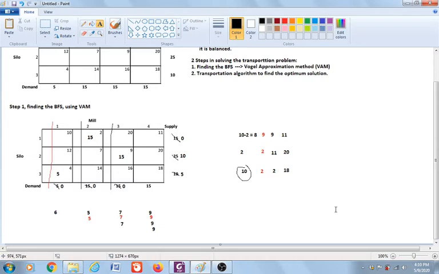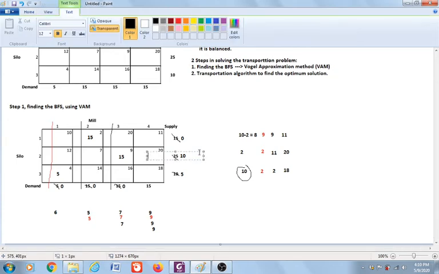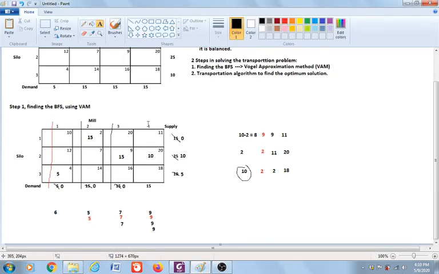So the largest penalty is 20, so I need to allocate. So I have 10 over here and I have 15 over here. So only 10 that I can allocate. So this is the only cell that I have. So I have 10, I give 10. So I have 0 left.